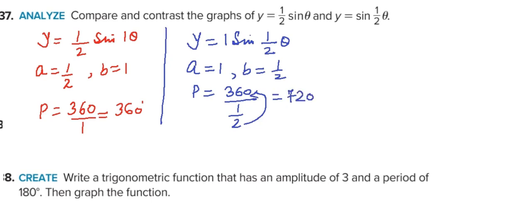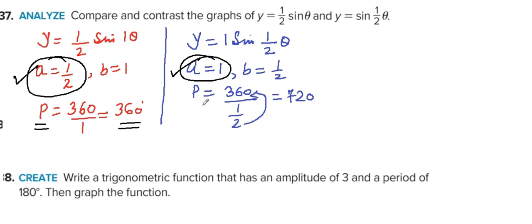So what is the difference? Its amplitude is half, its amplitude is 1, and its period is 360 and its period is 720. So this is the difference. So don't consider half sine theta and sine half theta the same thing. This is different.